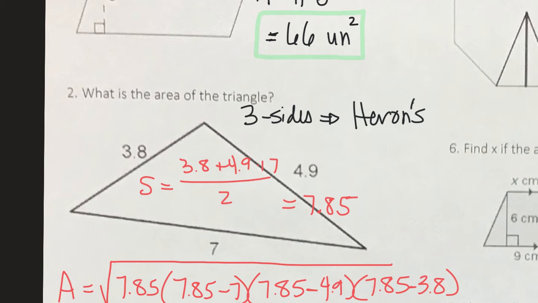These are all minuses in here: minus, minus, minus, and then you multiply them all together. I'm going to let my calculator handle all of this. My calculator says 8.92859, so 8.929, and we don't have any units, so once again, squared units when we round to 3 decimals.